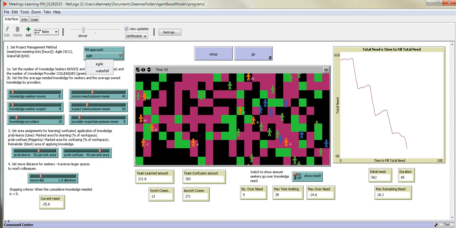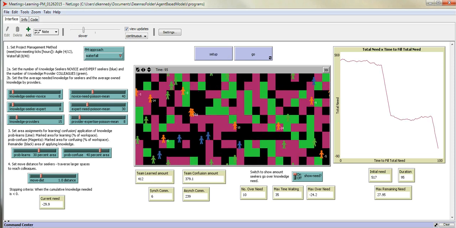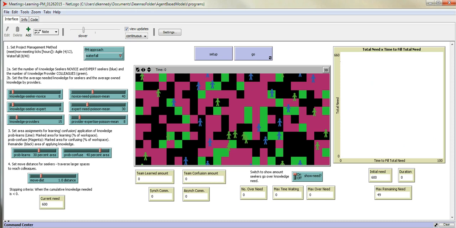So let's compare that to waterfall. Alright, let's run waterfall. In waterfall they have much more time to work on their own, but also more time to meet.